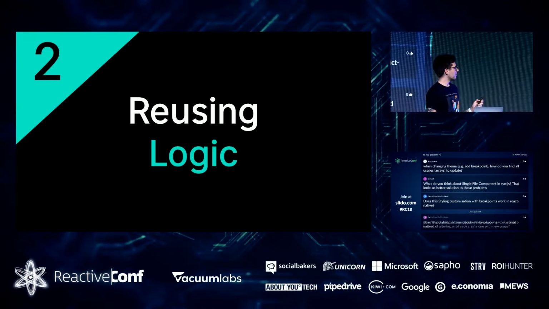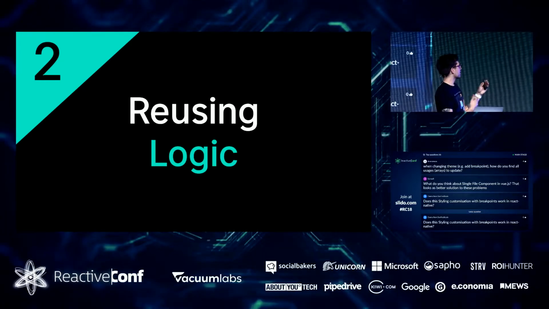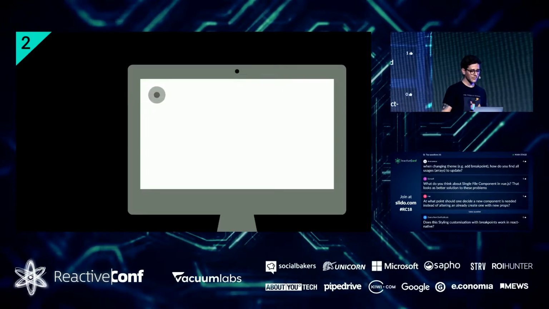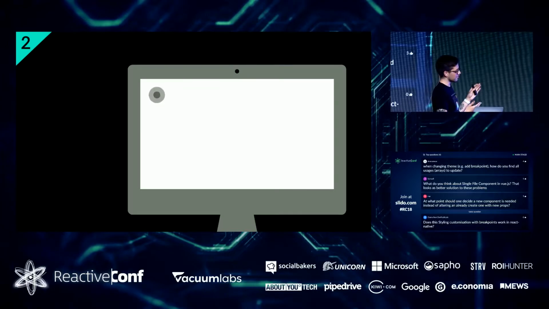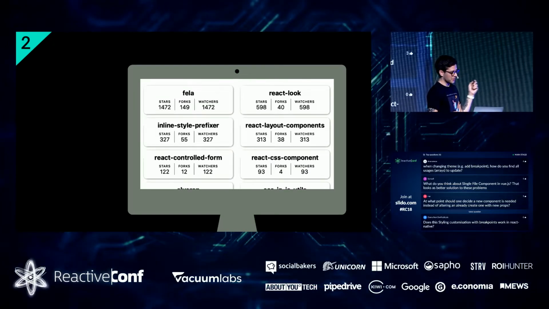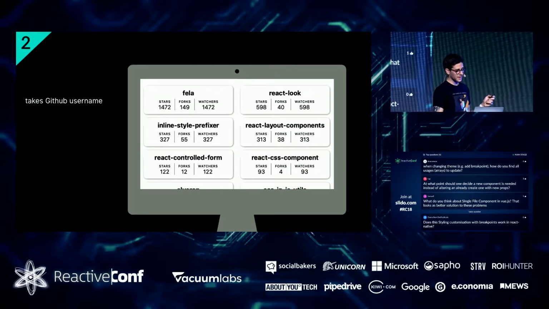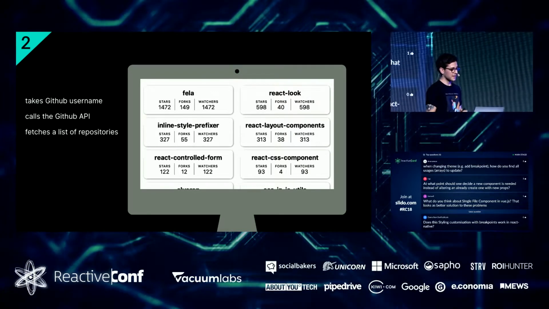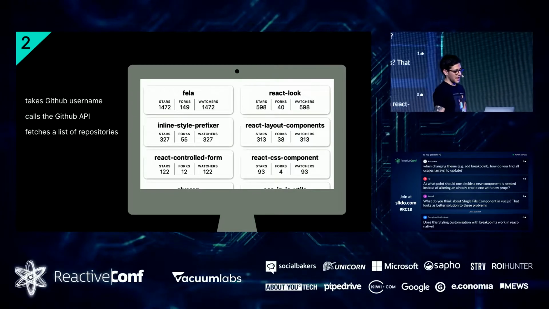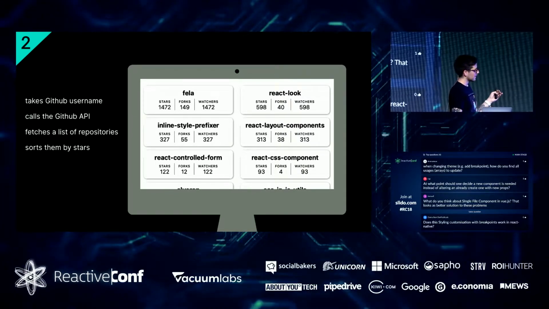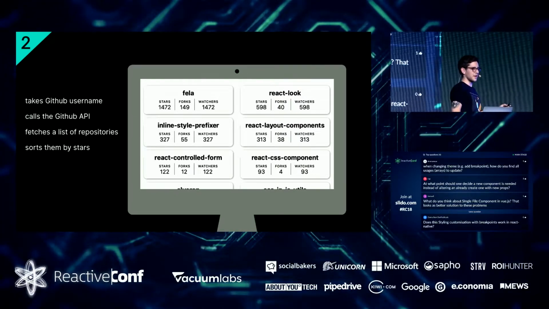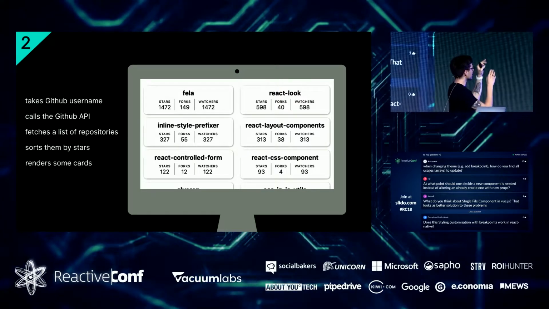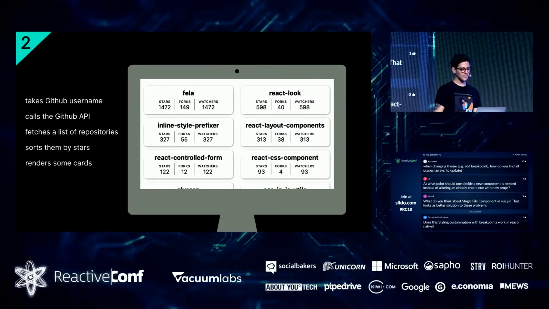And I brought a simple visual example, which we're using to explore later. Consider this component, which takes a GitHub username, then calls the GitHub API, fetches a list of repositories, and sorts them all by stars. And then, in the rendering part, we go on and render this information as some visual cards.